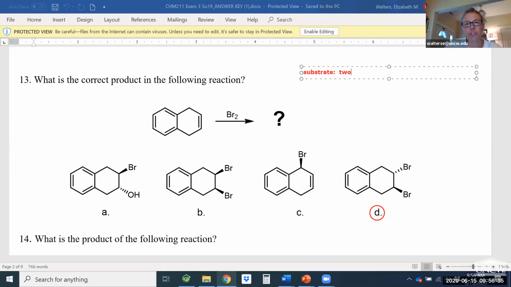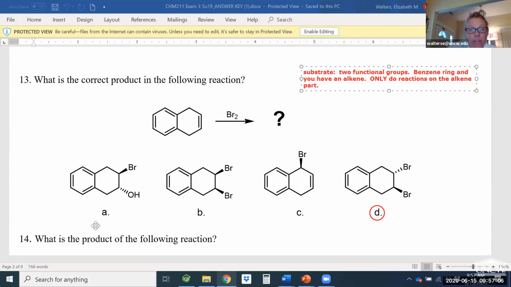Why I say that is because if you look at the substrate, there are 2 functional groups: you have a benzene ring, and you have an alkene. Then you have to ask yourself, have I learned anything about benzene ring reactions? The answer is no. So this means you can only do reactions on the alkene part.